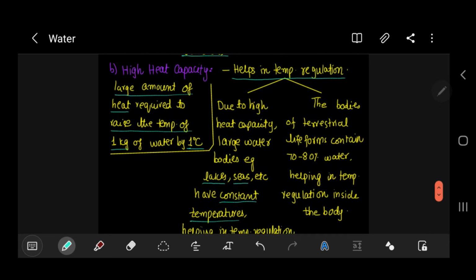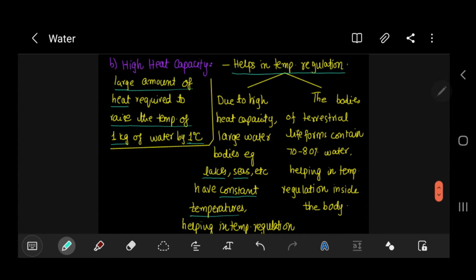As we studied, water has a very high heat capacity. That means a very high amount of heat is required to raise the temperature of water. So there's not such heat available practically to raise the temperature of water of such large water bodies. So comparatively, the temperature remains constant, and this helps in the survival of the aquatic life.